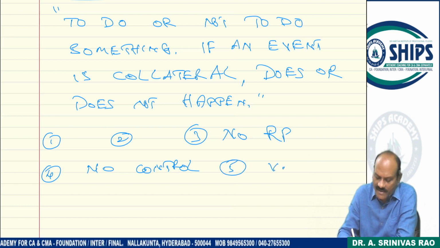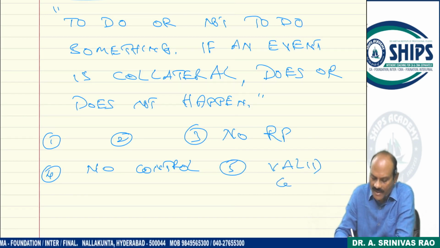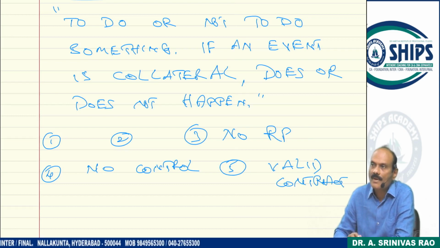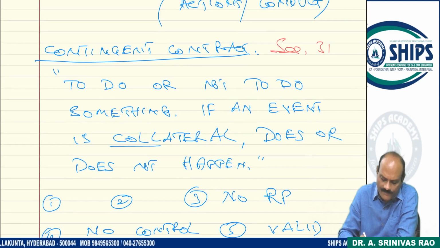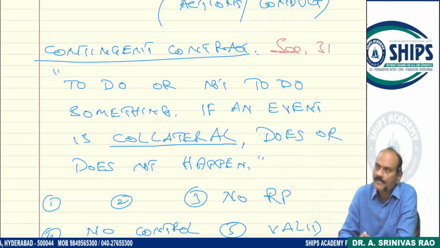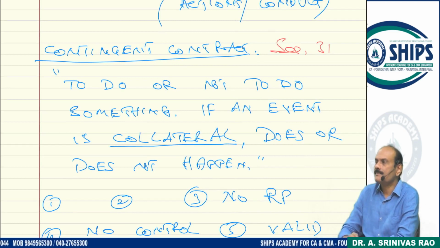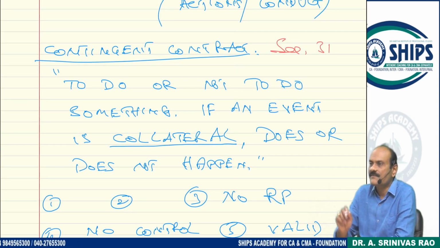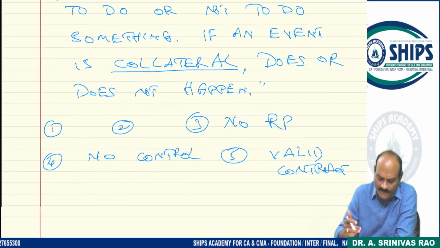It is a valid contract. What is the meaning of collateral? Collateral means incidental. Remember, incident. If that incident happens, we'll see one example.